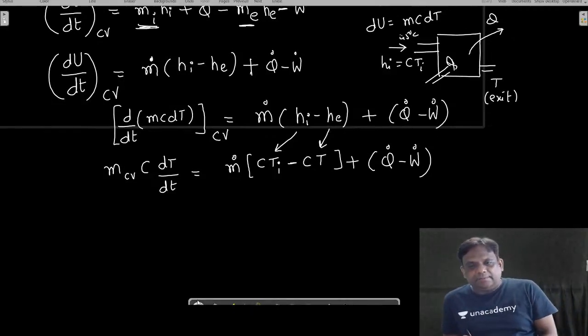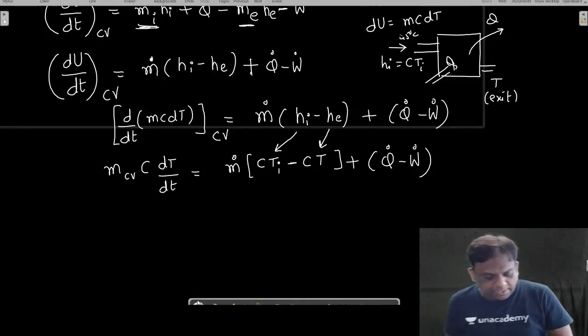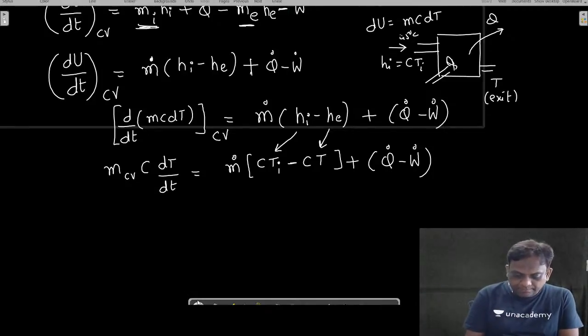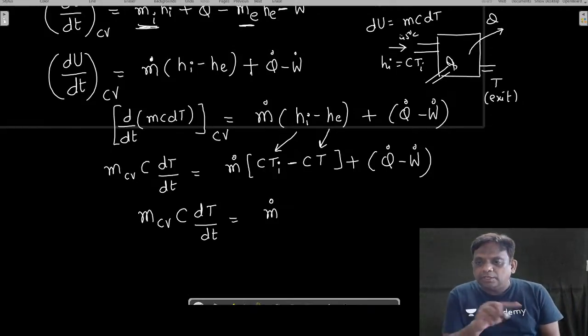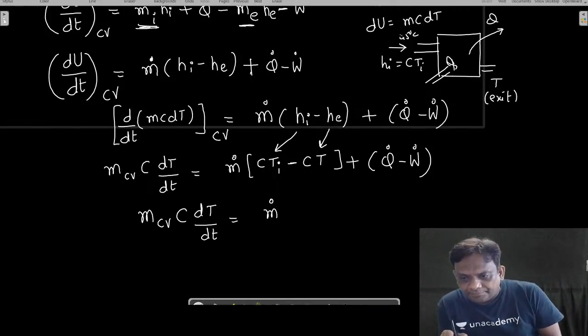Now, till now, is it clear, my dear students? Okay, so look once. Here Mcv is control volume mass, C is specific heat, and dT, where capital T stands for temperature and small t stands for time, is equal to m dot, you already know what m dot is, entering or leaving.